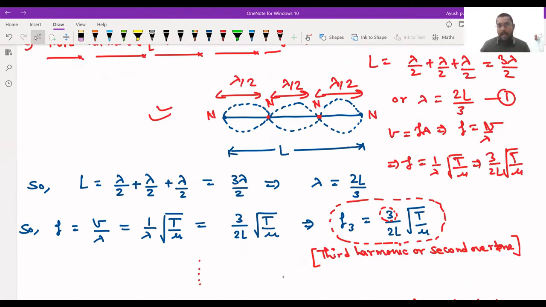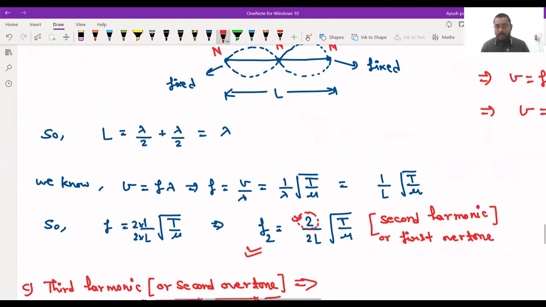So that's why I am calling this the third harmonic, because the number 3 is present in the numerator. And I am calling this the second harmonic because the number 2 is present.